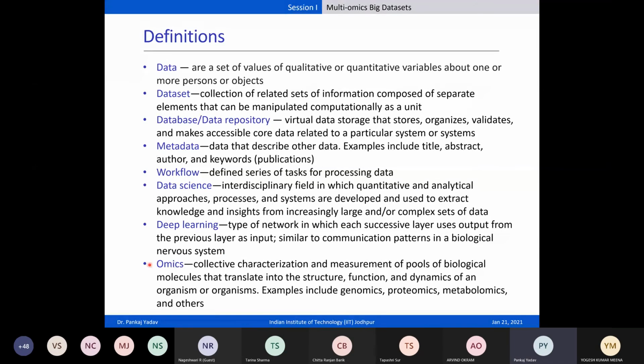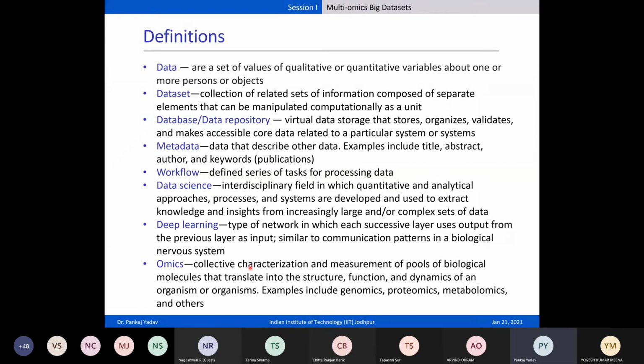And then we have omics. I think most of you are not familiar with omics. It is a collective characterization, and as I said, it can have data from different categories or different types of data.